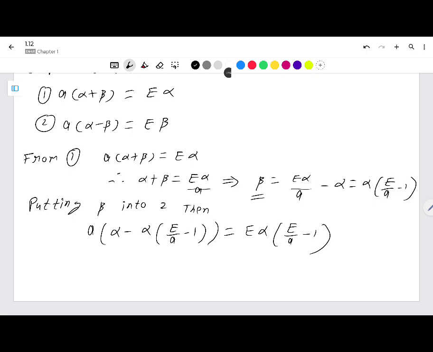So this will give us A alpha minus alpha E minus alpha E plus E alpha equals E square alpha by A minus E alpha.